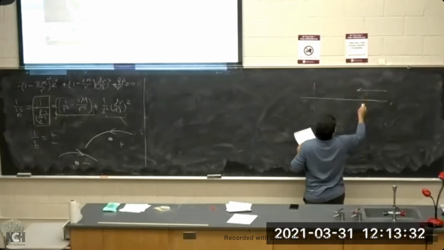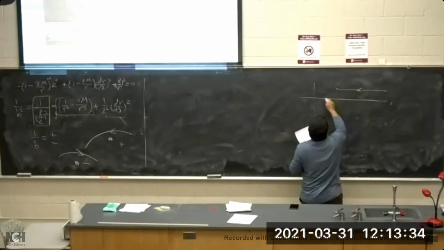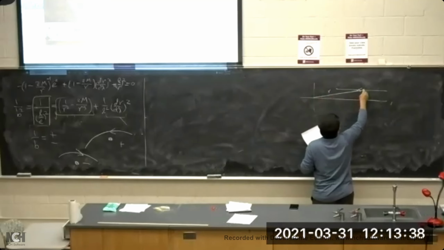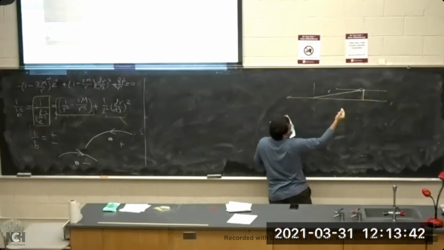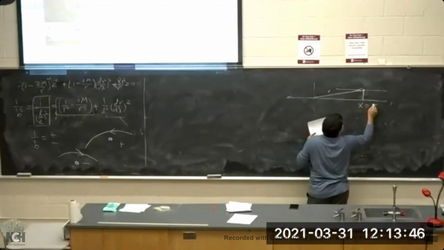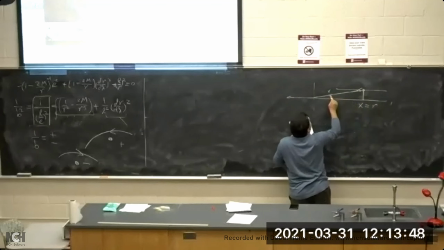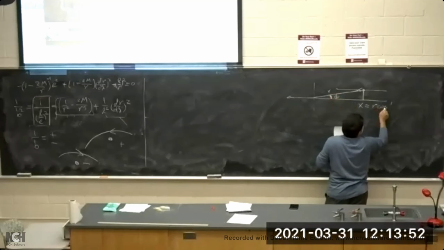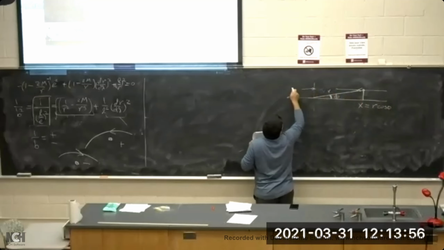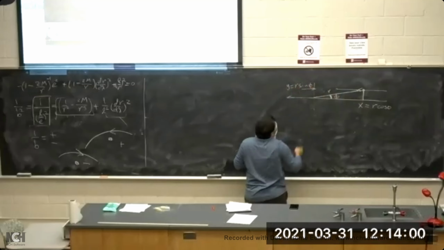Now for a ray coming, this is the radius R. This is the axis, maybe the Z axis, we can name it. So this is X, which is equal to R cosine phi, and this angle is phi, and this component Y is equal to R sine phi.